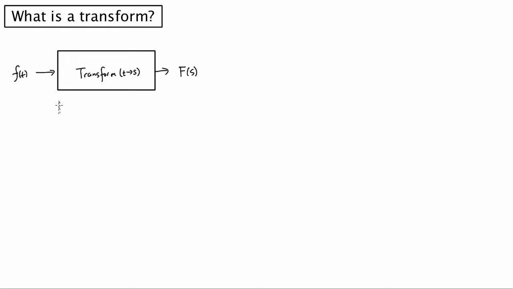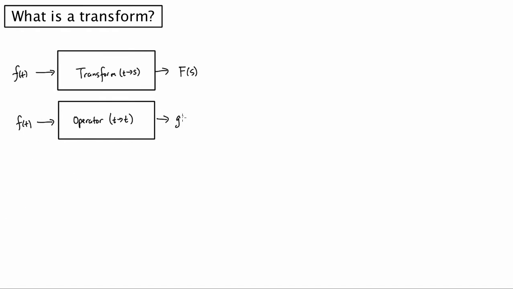Compare this, if you will, to something like an operator. And operators we're really familiar with. Examples of operators are things like the derivative and the integral and so on. These take t and keep it in terms of t. So if you've got a function f of t that you pass through an operator, then the result is a different function of t.